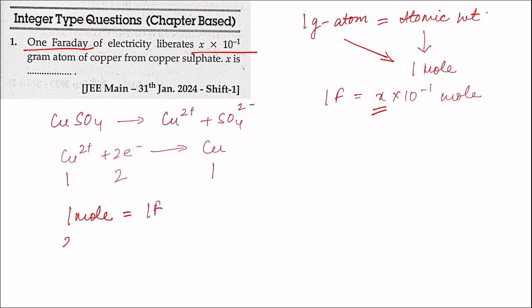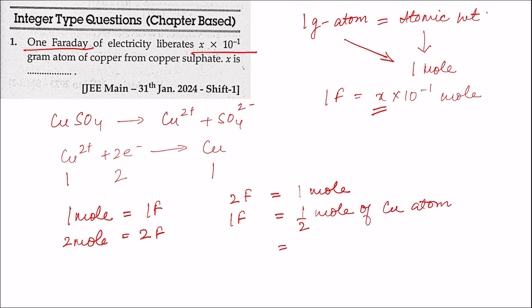So the charge carried by 2 moles of electrons will be equal to 2 Faraday. So 2 Faradays of electricity deposit 1 mole of copper atom. Therefore 1 Faraday of electricity will deposit 1 by 2 mole of copper atom. 1 by 2 moles can be written as 0.5 mole, or this is also equal to 5 into 10 to the power minus 1 mole. So here the value of X is 5. So the answer is 5.